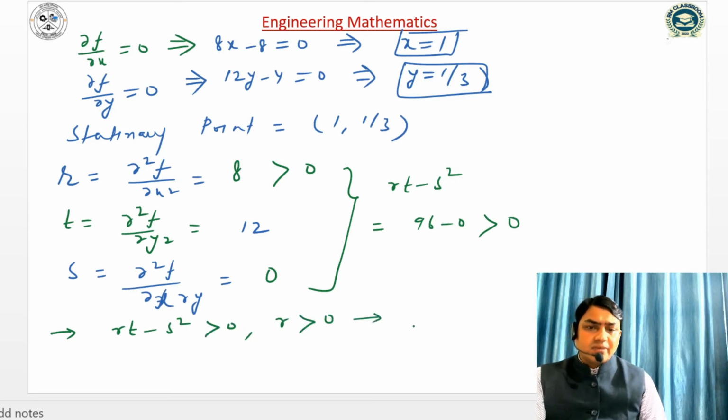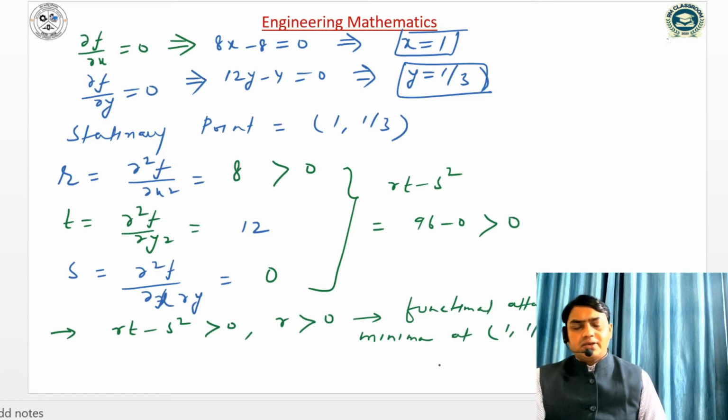It means the function attains minima at x equal to 1 and y equal to 1 by 3.